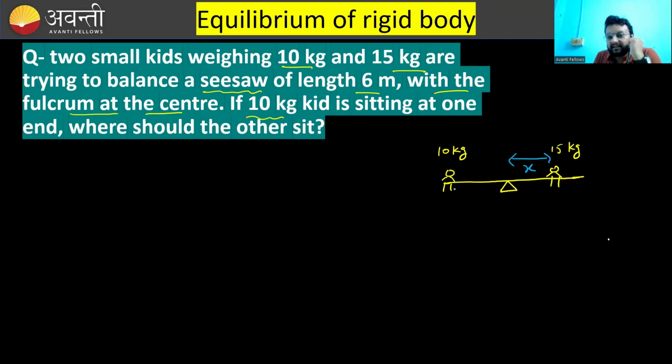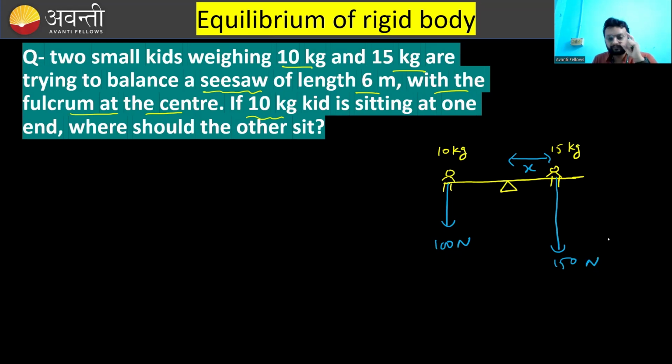Another thing, can you see that the weight or the force that this 10 kg kid is exerting here will be mg, 10 kg and g is 10. You can see that 100 Newton force will be acting here and 150 Newton force will be acting here.